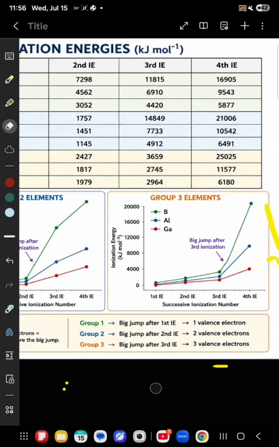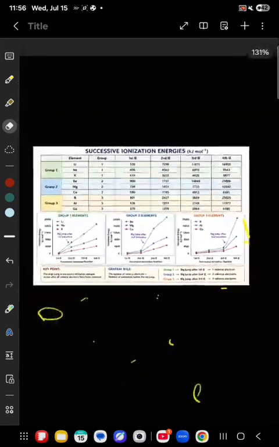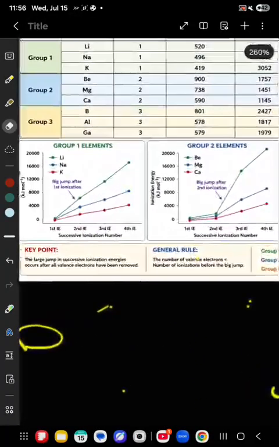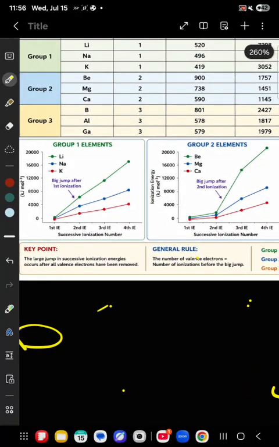Okay, so look at some general key points. The large jump in successive ionization energy occurs after all the valence electrons have been removed. The big jump between the successive ionization energies will take place when all the valence electrons have been removed. The general rule is that the number of valence electrons is equal to the number of ionizations before the big jump.